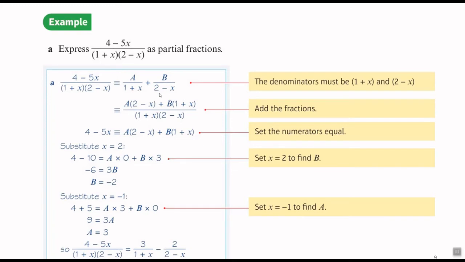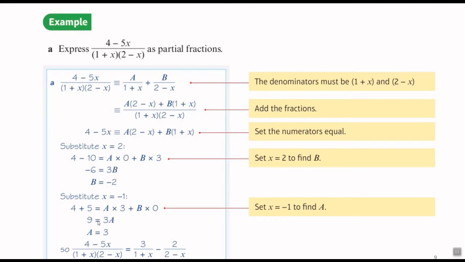So then substitute x equal minus 1. Here 4 minus 5 multiplied by minus 1. Here a times 2 minus minus 1 becomes plus 1, 2 plus 1 is 3. Here 1 plus minus 1 equals 0. b multiplied by 0 is 0.